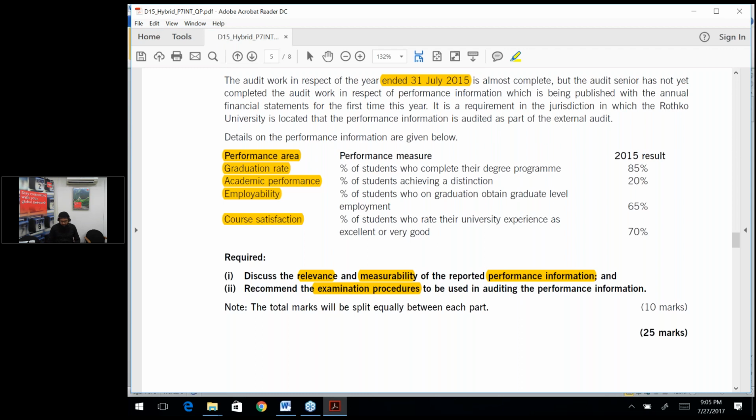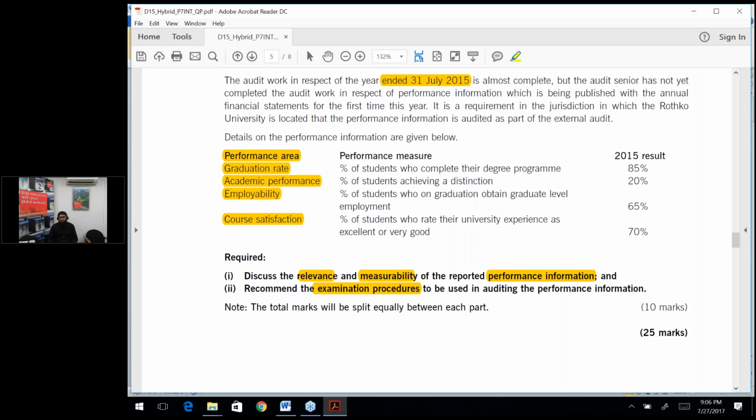First of all, the question is discuss the relevance and measurability of the reported performance information. Now, first thing is, part A of the requirement is not something that you would expect an auditor to answer, but then again, it's there in the syllabus, and you need to know it. So what do we mean by relevance?